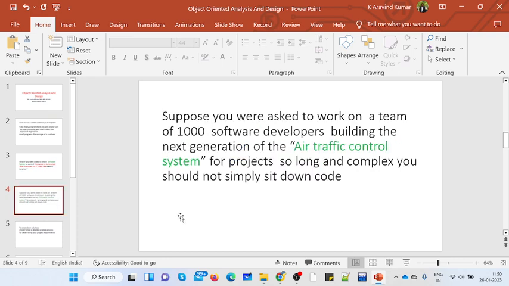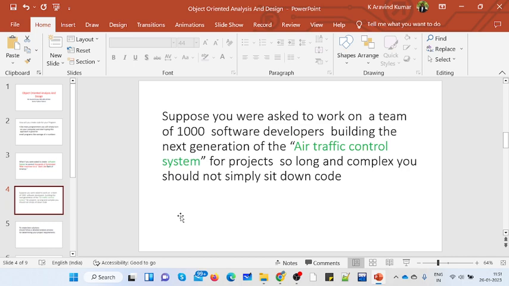One more problem: suppose you are asked to work on a team of 1,000 software developers building the next generation air traffic control system. Are you aware of air traffic control systems?